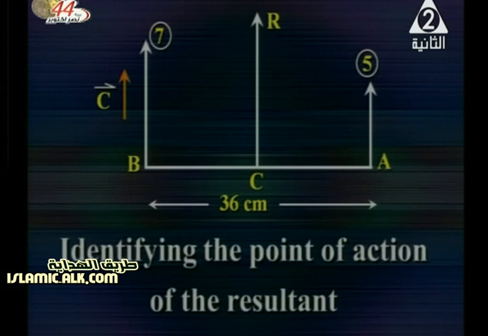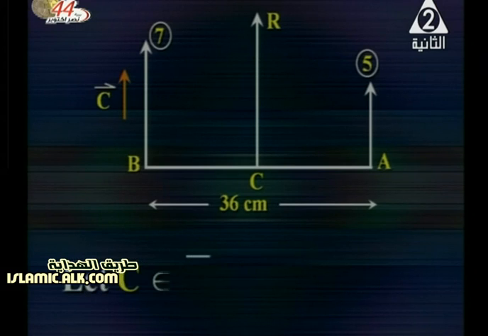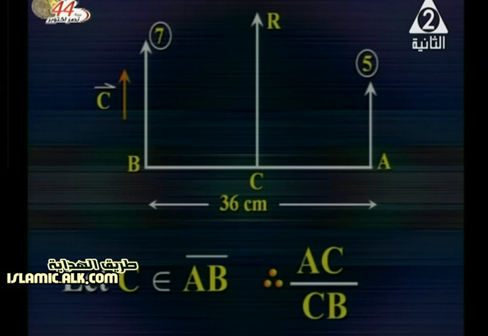Identify the point of action of the resultant. Look, dear student, C is the point of action of R. Then it belongs to the line segment AB. Therefore, AC over CB equals 7 over 5.